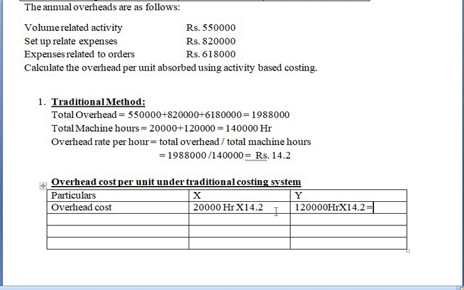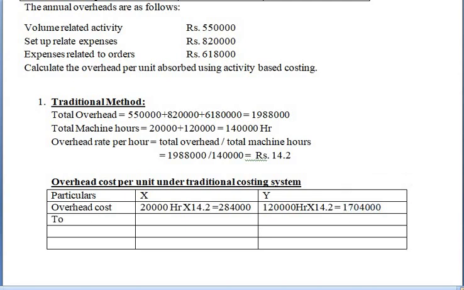You will get the overhead cost under the traditional system: for product X 2,84,000 and for product Y 17,04,000.